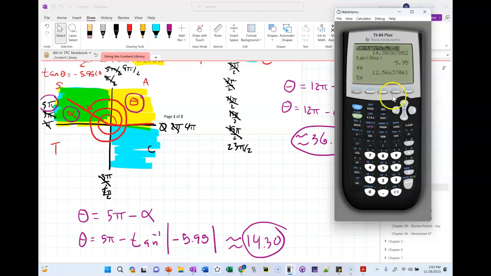You can also do tan of, and then scroll up and press enter and put it in. But there you're not getting all the decimal points, so you won't get it exactly, but it'll be close enough.